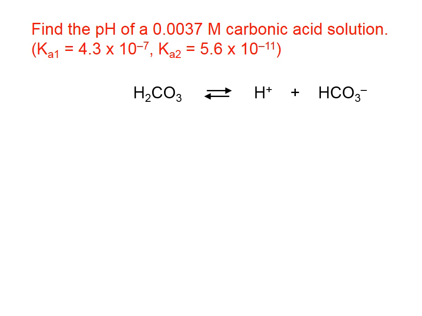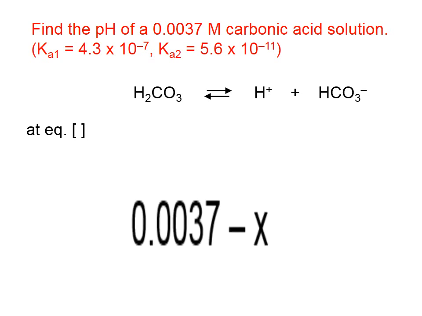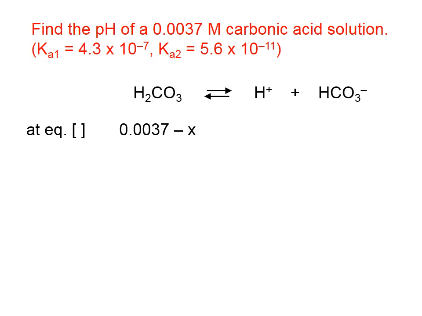Here's the first H popping off, and let's write an ice expression where we're going to combine the initial, the change, and then we're going to write just the at equilibrium line. 0.0037, which is the initial, then that amount will go down some amount x, and with the hydrogen ion, and this one here on the right is called the bicarbonate ion, both of them start at 0 and then go up by some amount x.